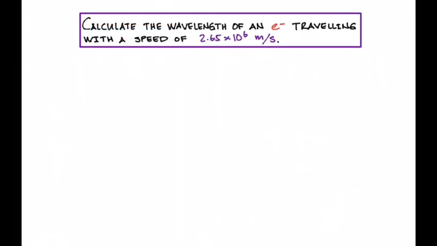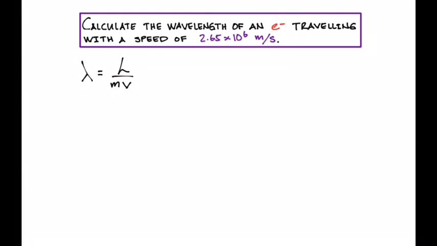Let's look at an example here. Calculate the wavelength of an electron traveling with a speed of 2.65 times 10 to the 6th power meters per second. We know the equation for wavelength, the de Broglie relation: the wavelength is equivalent to Planck's constant divided by the mass of the electron times its velocity.